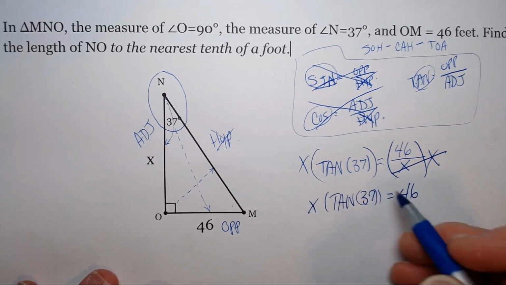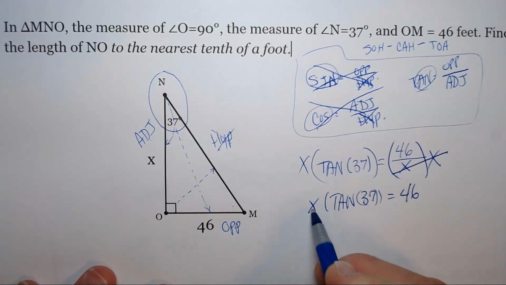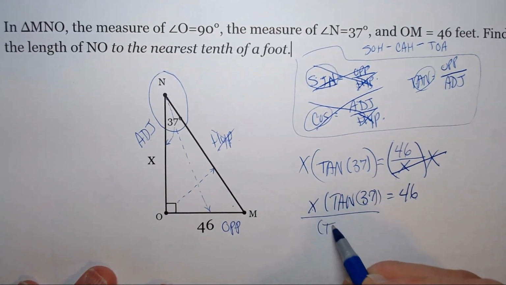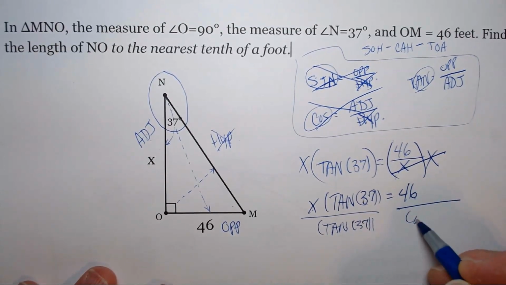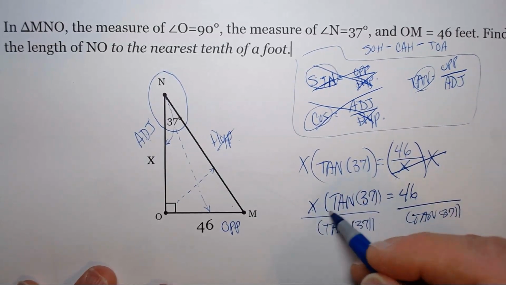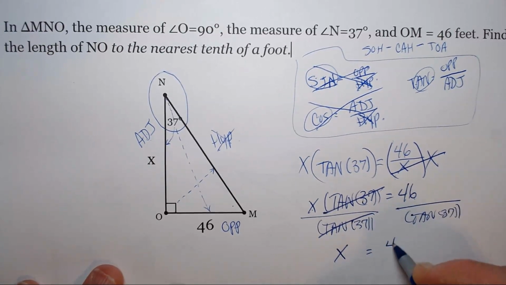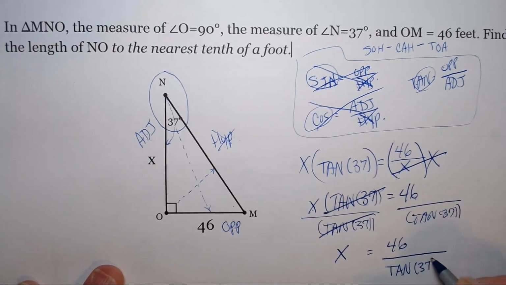Now what do we do? Well, we're trying to solve for x. If I've got x times all that equals 46, I have to divide by tangent 37 on both sides. The tangent of 37 is going to cancel over here, and I'm going to be left with x equals 46 over the tangent of 37.